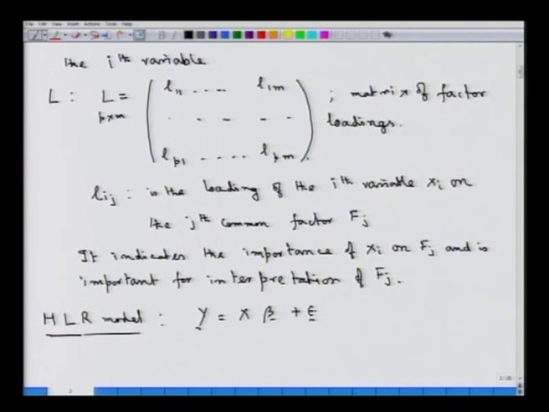In this setup, y is the set of response variables, or rather the observations in the response variable, say n by 1, n observations, and beta is the vector of parameters involved in a multiple linear regression model. So this, say, is a p by 1 dimensional vector of constants. This x is what is called the design matrix in multiple linear regression. This is an n by p matrix of deterministic constants, and this epsilon is the vector of noise random variables. So this is how the multiple linear regression model looks.